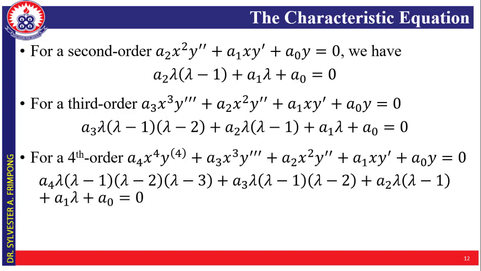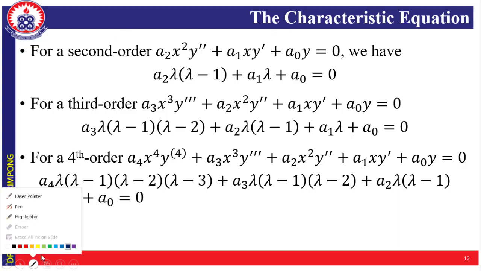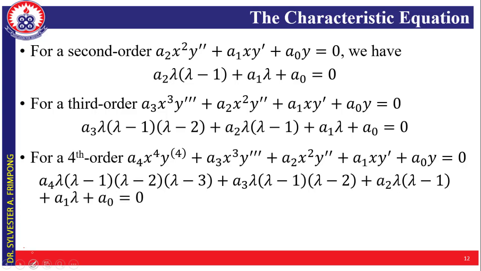Now notice something. Check the first one. For the first order, a1 lambda plus a naught. For the second order, a2 lambda (lambda minus 1), a1 lambda, a naught.